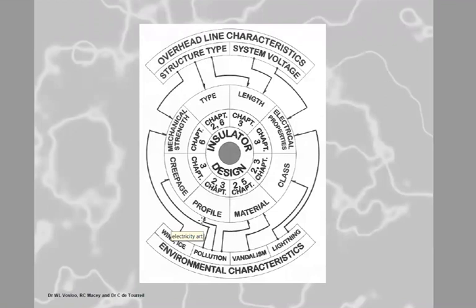Okay, and so then also what happens is, from a pollution perspective, the type of material. Is it a hydrophilic material, where when the pollution is deposited on it and you wet it, it forms a conducting film?